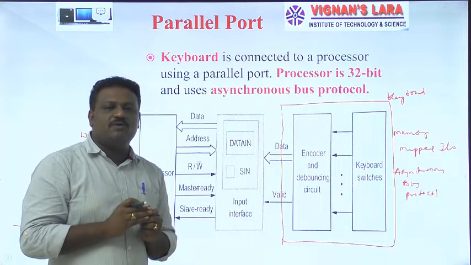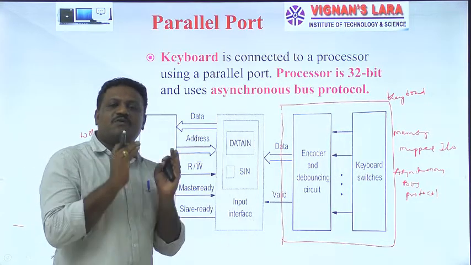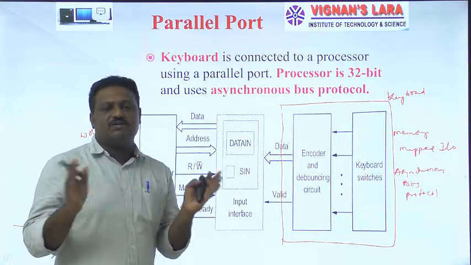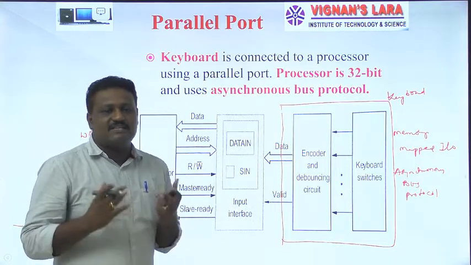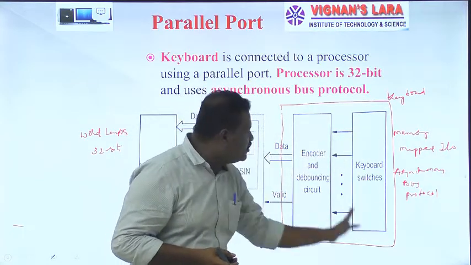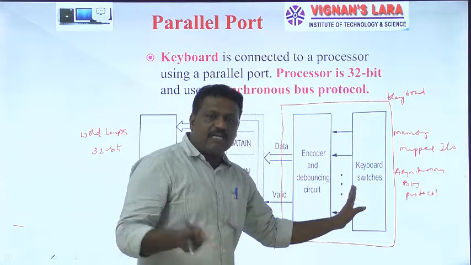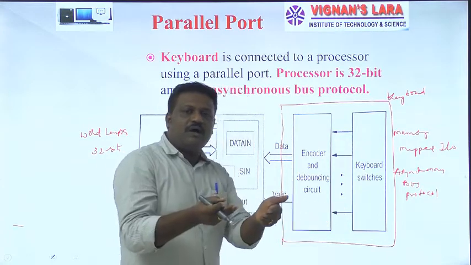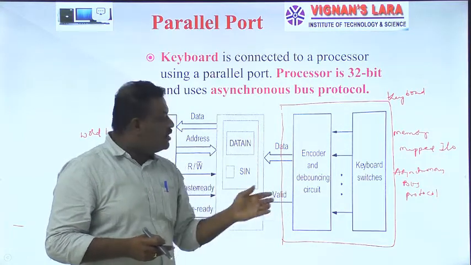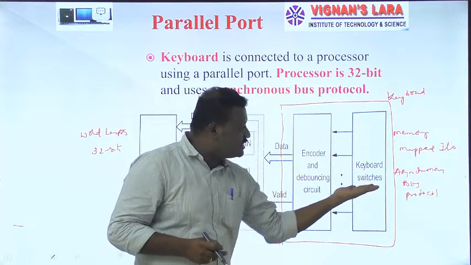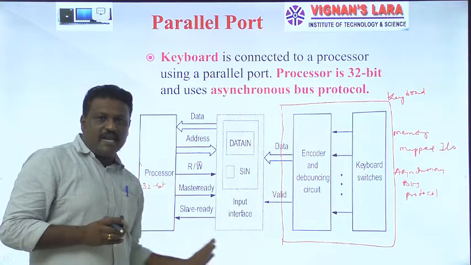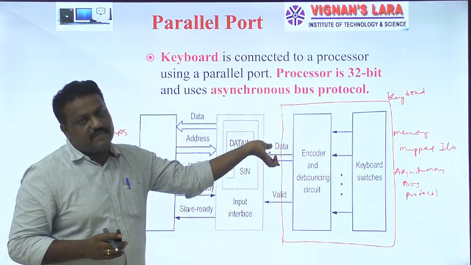If you press any key on a keyboard, it internally generates a 7-bit ASCII code. That's why we generally call keyboards ASCII keyboards. If I press any key on this keyboard, the corresponding pressed switch's ASCII code is transferred to an encoder. This encoder converts the information it receives from the keyboard switches, and the equivalent ASCII code is transferred to our input interface with the help of these data lines.